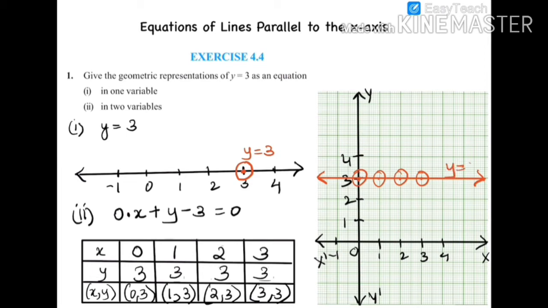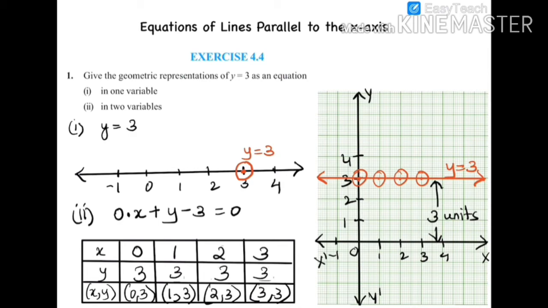So y equal to 3 is an equation of a line that is parallel to the x-axis and at a distance of three units from the x-axis. So every point on this line will be a solution of this equation y equal to 3.